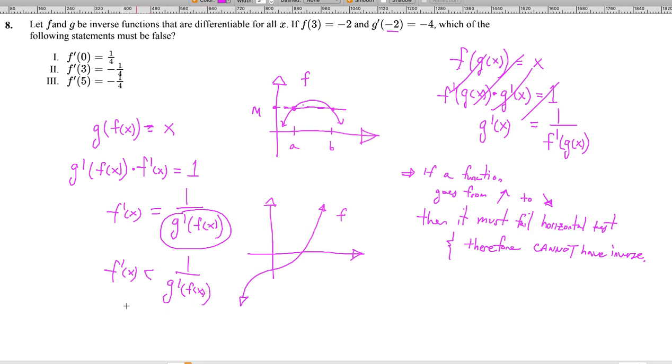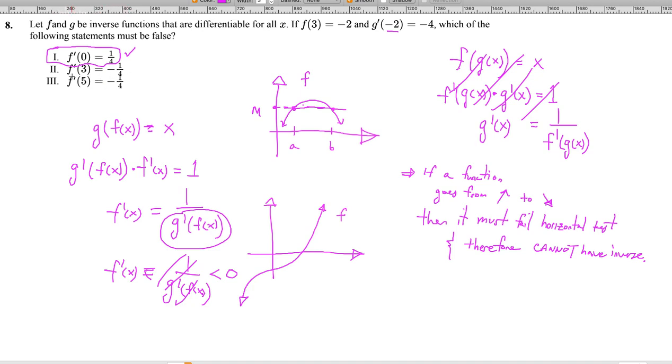And that forces this value to be always less than 0, which implies that this cannot give you a positive value. So this one must be false.